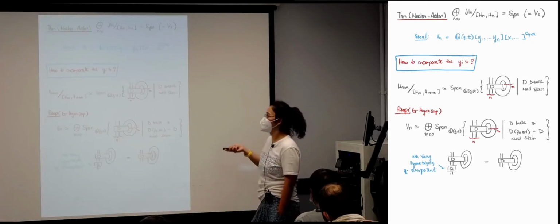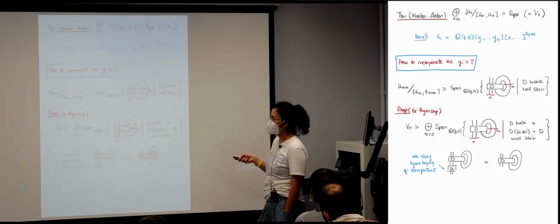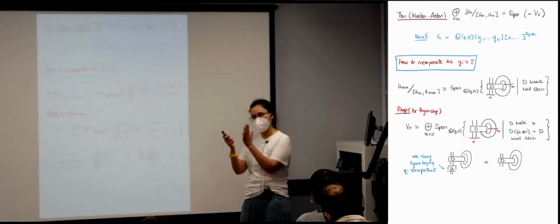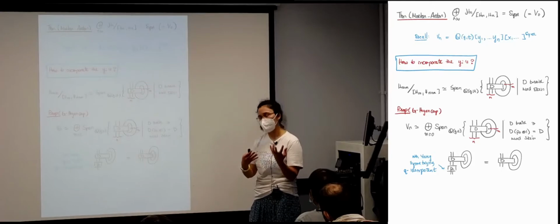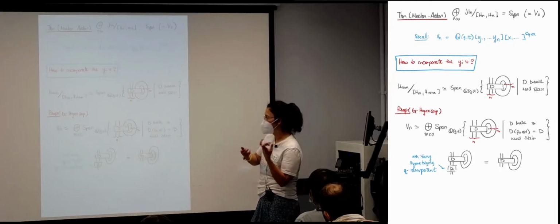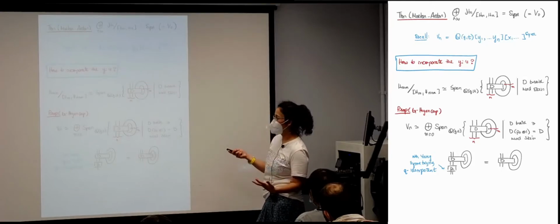And one of our results with Matt Hogencamp is precisely this, that this vector space can just be realized as diagrams of this form, where, remember that Vnm was graded, where n was the number of y's, and m was the homogeneous degree of the symmetric polynomial. So here, that's exactly what this is doing.